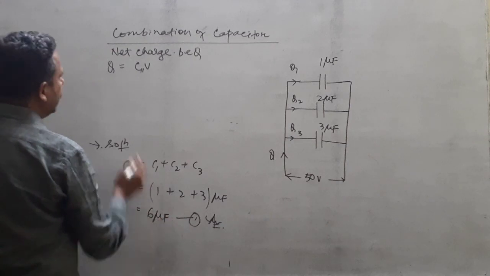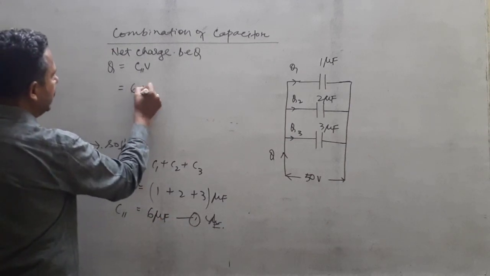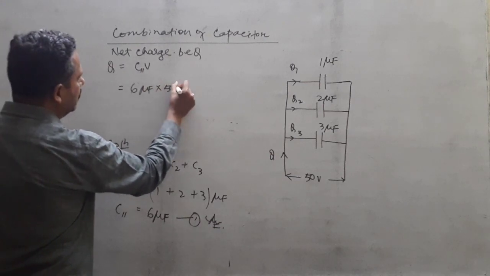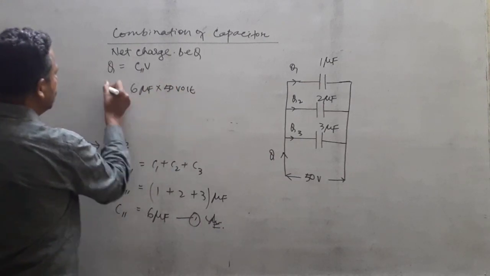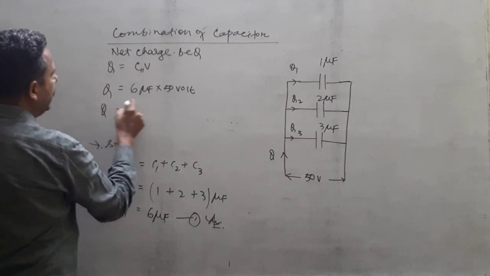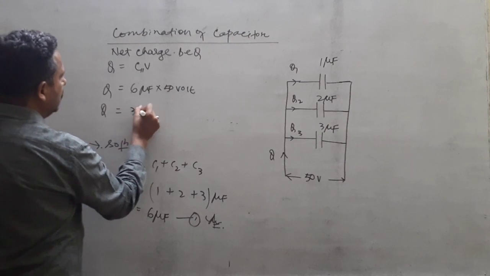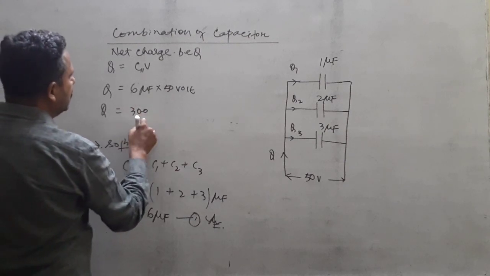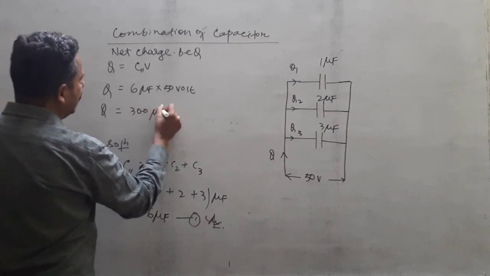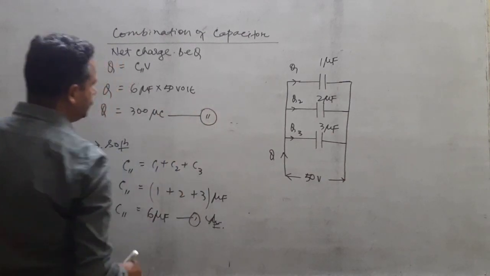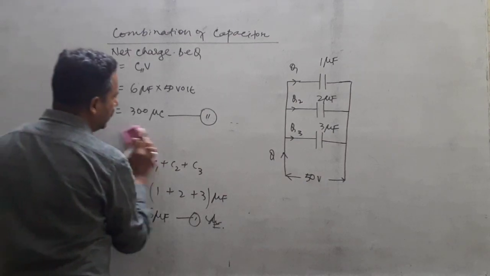This one is 6 microfarad, so put 6 microfarad multiplied by 50 volt. So how much is this? Your Q would be 6 times 5, that is 30. This one is 300 microcoulomb.